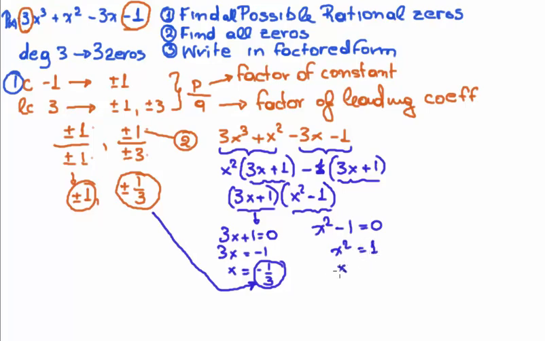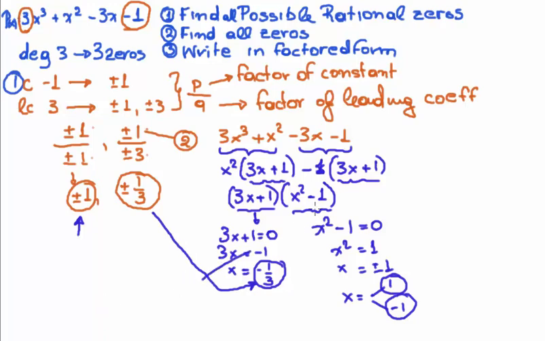This means that x is equal to plus or minus 1. So this gives me two roots. x is equal to either 1 or negative 1. Again, I can see that both numbers are possible rational zeros. So this means that I have 3 zeros for this polynomial, as I expected, since it's of degree 3.